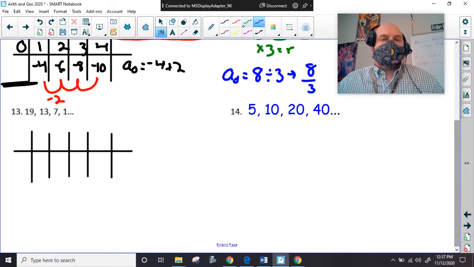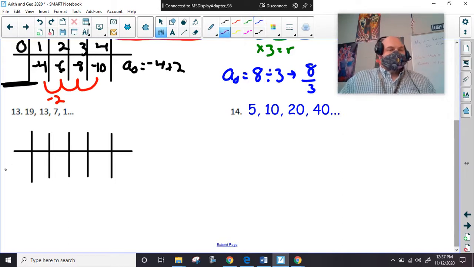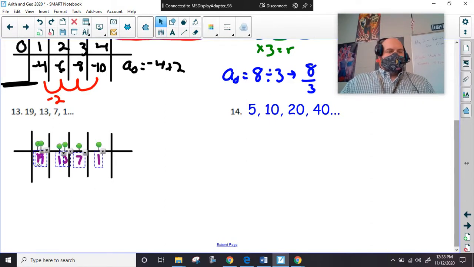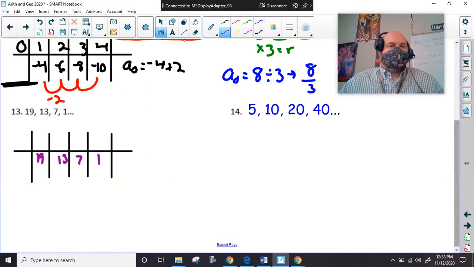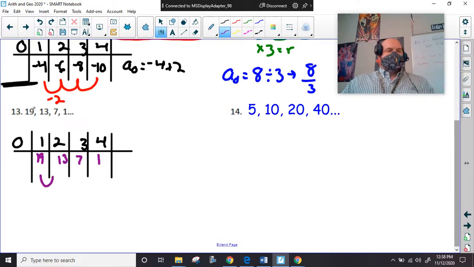All right. So if I'm doing this one and I'm doing the chart, I do 19 here, 13 here, 7 here, 1 here. Nope, crap. Those go down here. Okay. Good thing I can cheat like that. 0, 1, 2, 3, 4. All right. What's happening to these numbers in this sequence?